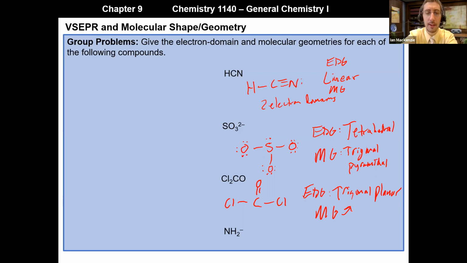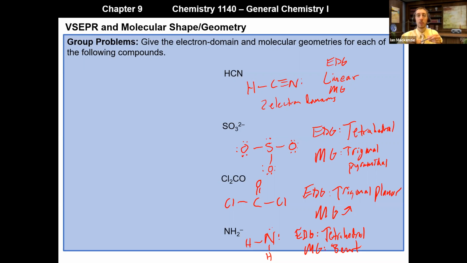Finally, NH2- is simply N with 2 lone pairs, H and H. This has 4 electron domains, 2 lone pairs and 2 bonds. So the electron domain geometry is tetrahedral. But the molecular geometry leaves off the 2 lone pairs, and so the system looks more bent.